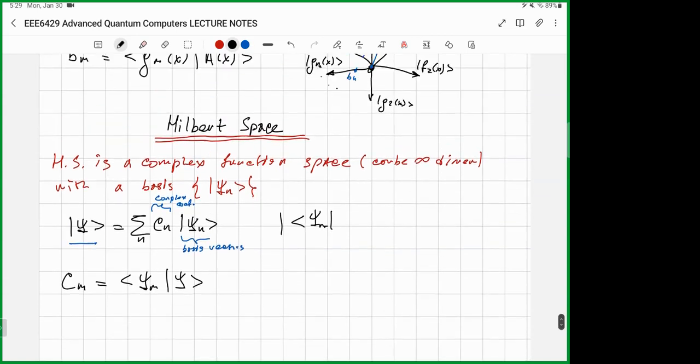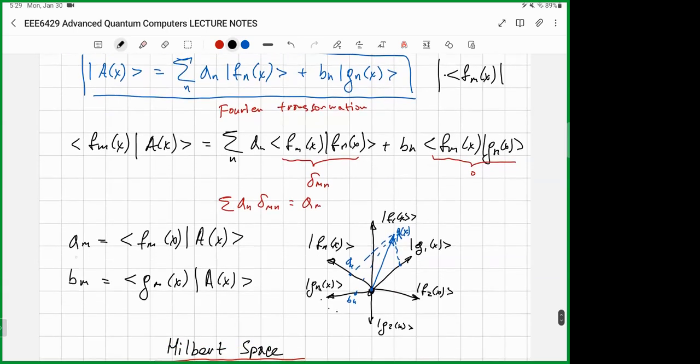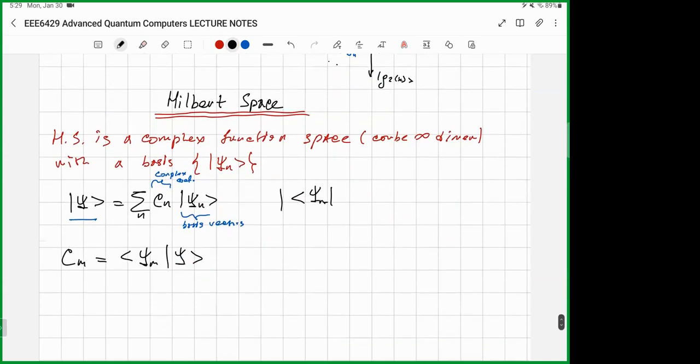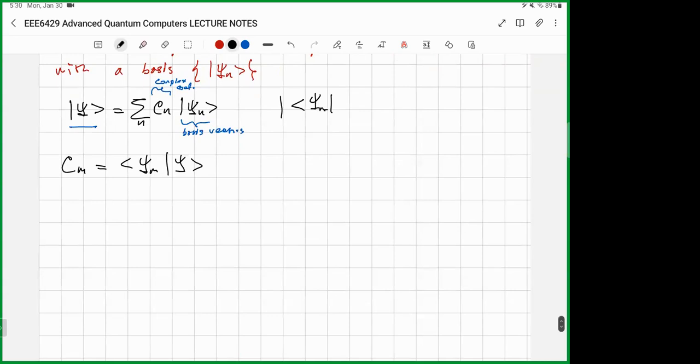The way we did here, and at the previous lecture. So this is how we obtain these complex coefficients. They are projections of vector psi on the basis vectors.